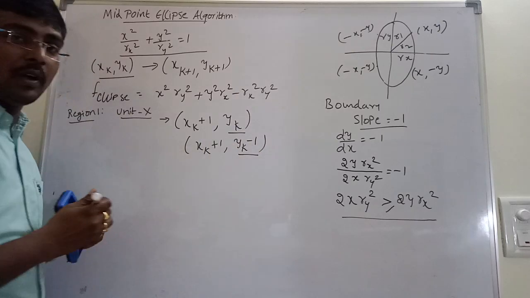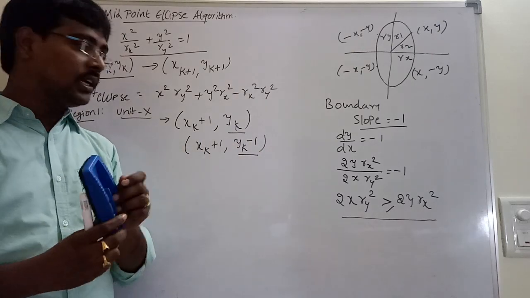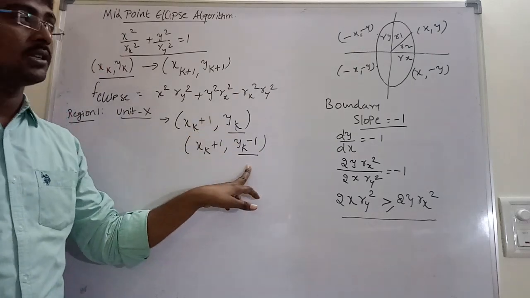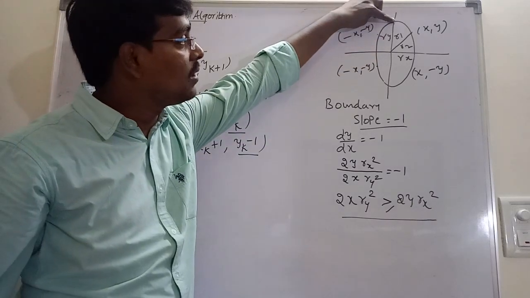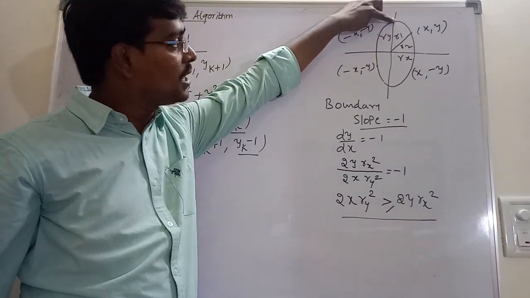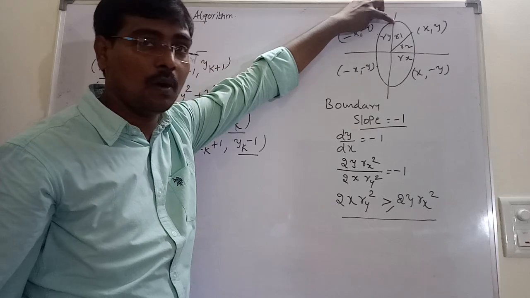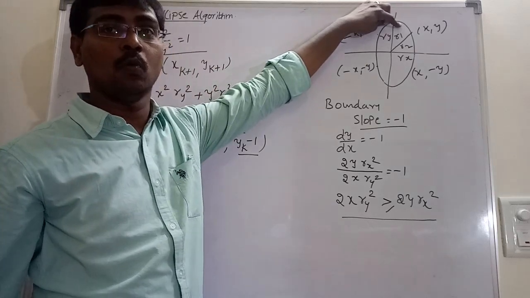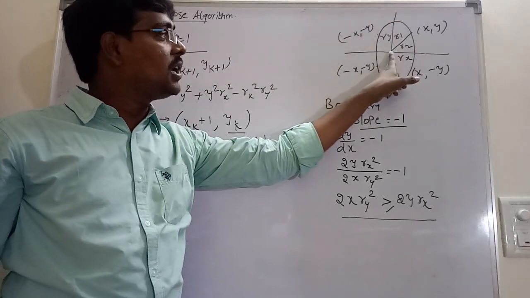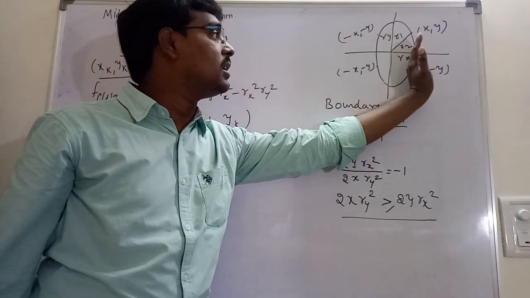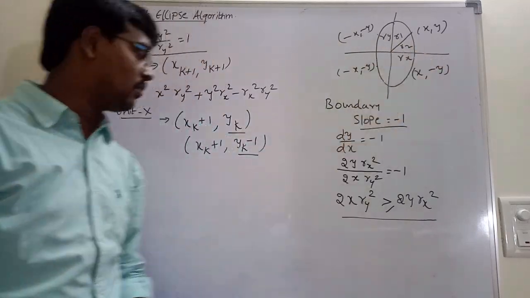So we need to find whether the next y coordinate is yk or yk minus 1. The next y coordinate is either the same or decremented by 1, but each and every time the x value moves from left to right, incremented by 1.